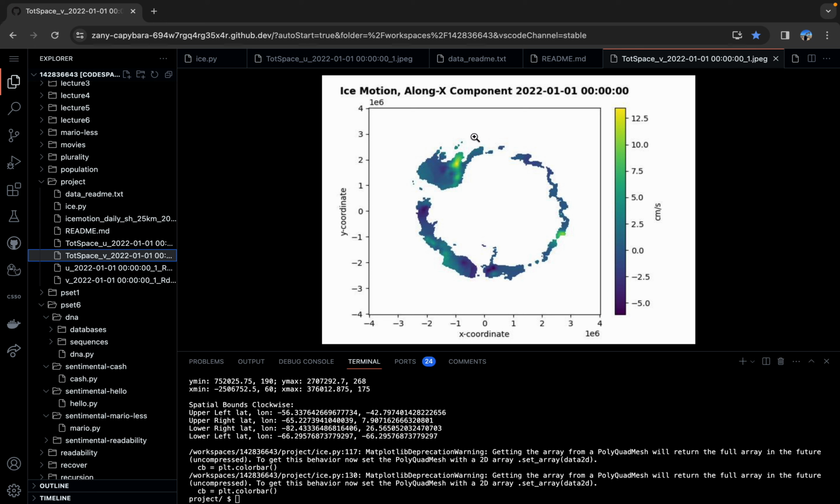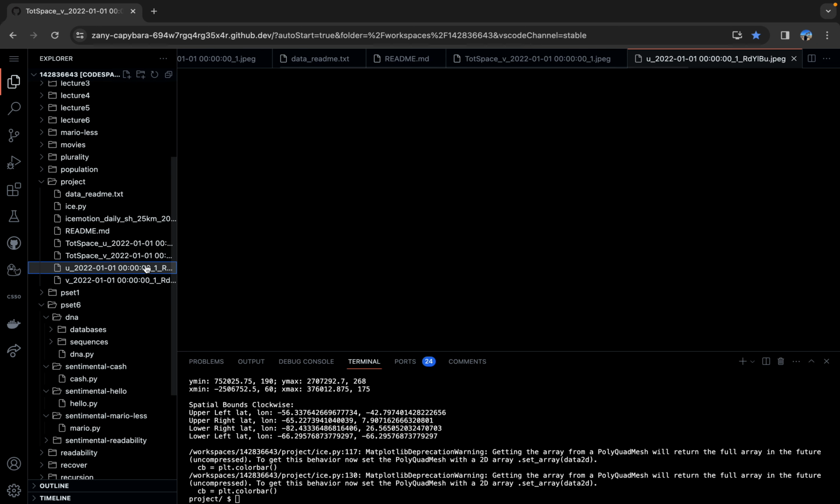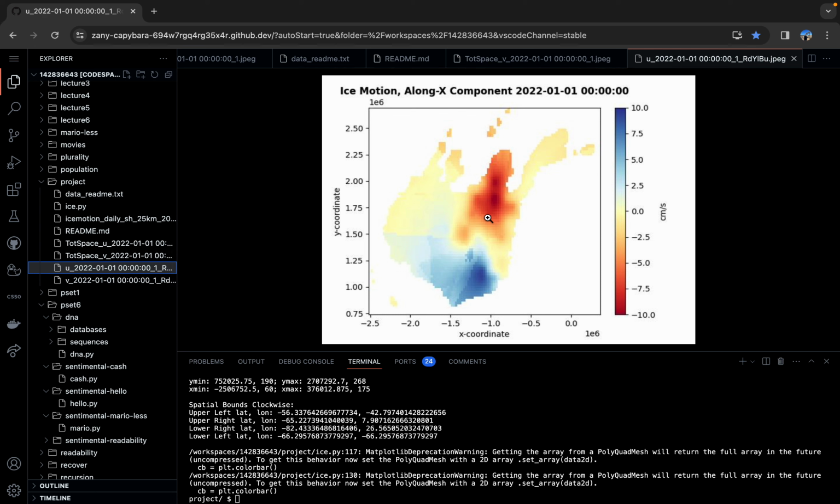So what I did is I just kind of brute force zoomed in and cropped out the area right here in the Weddell Sea, and then made some plots of this cropped in area. So you can see here we have a pretty strong zero crossing and some directional velocity components here.